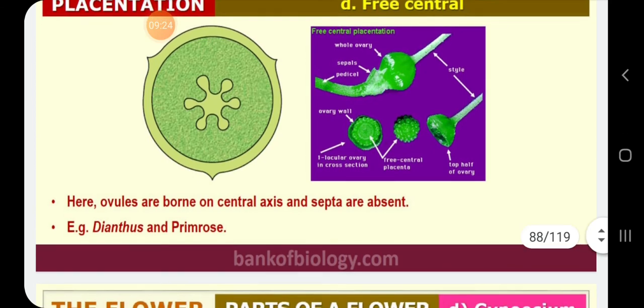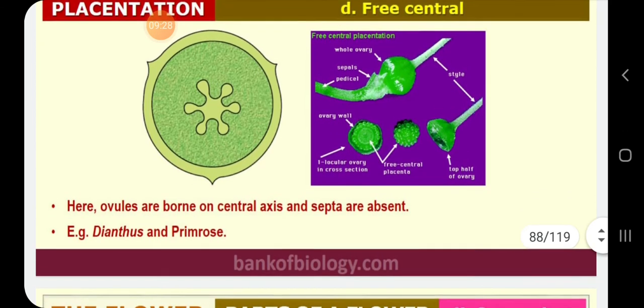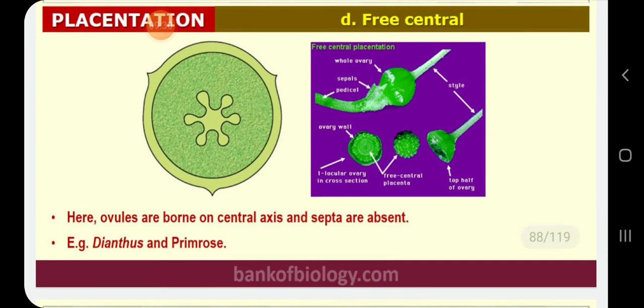For example, primrose and dianthus; in the picture you can see the placenta in the center and no septa.